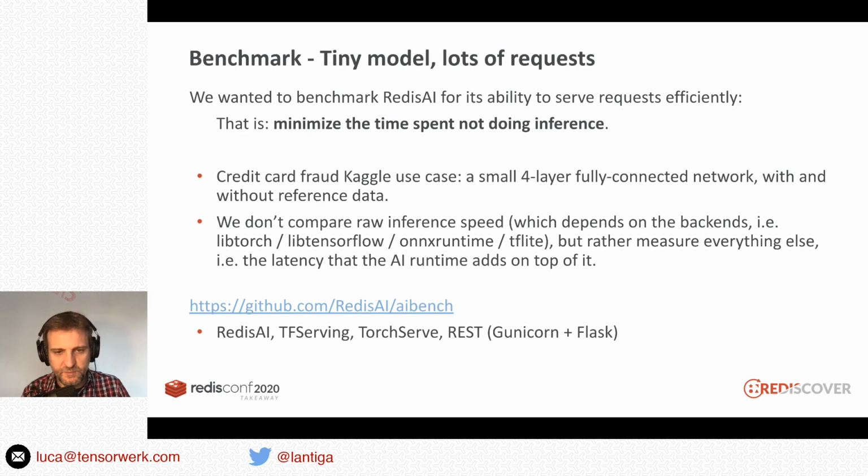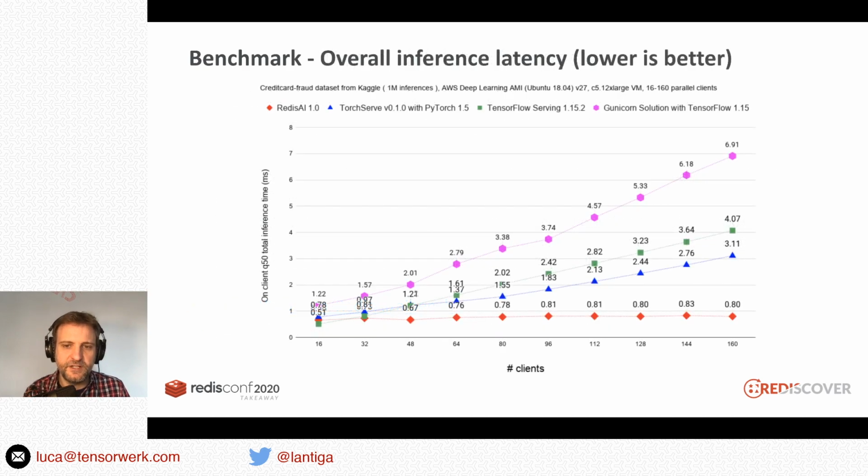In the future, we'll be extending the benchmarks with larger models and so on, but this was the first objective we had: to scale linearly with the number of clients connected and so on, making sure we're not paying for things we shouldn't be paying.